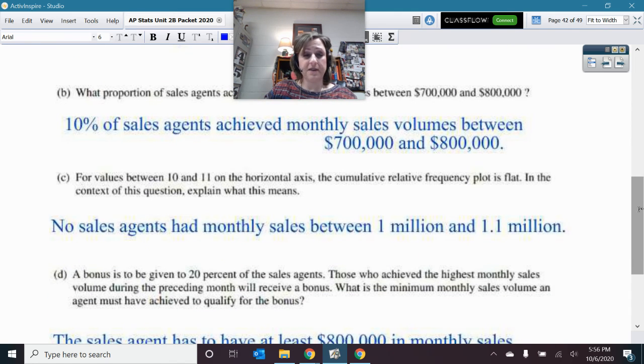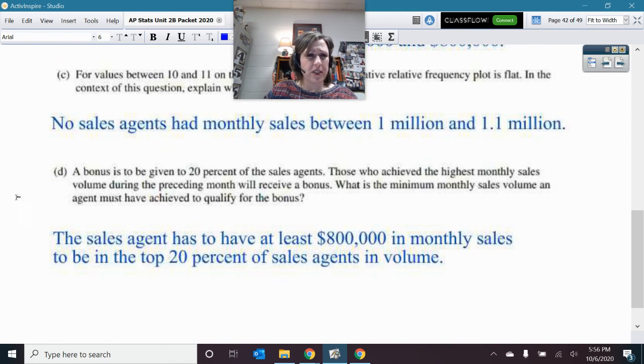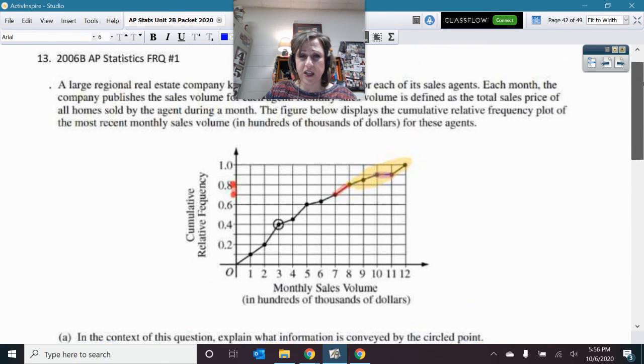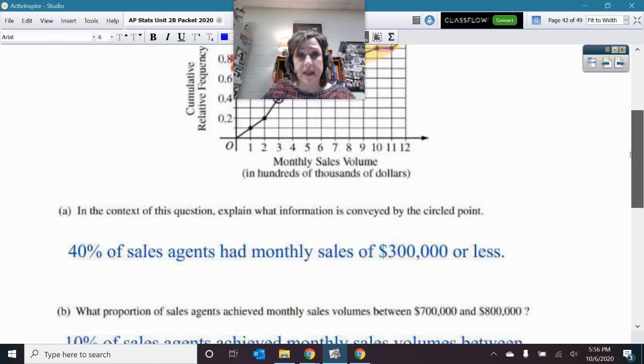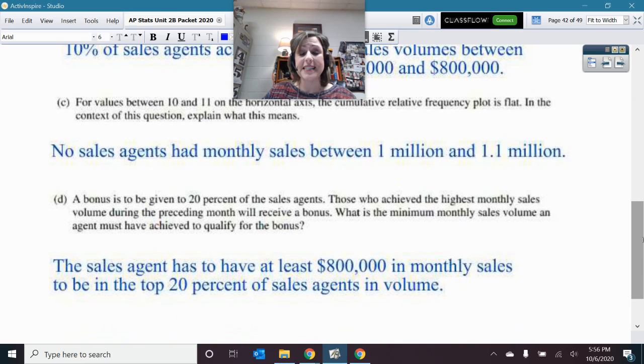So there's that one. And finally, we had a bonus of the top 20%. So who gets that? Let's come on over here and see this top 20% I highlighted in yellow. So that's the sales agents who sell $800,000 or more in monthly sales. They will be considered in the top 20% and get a bonus.